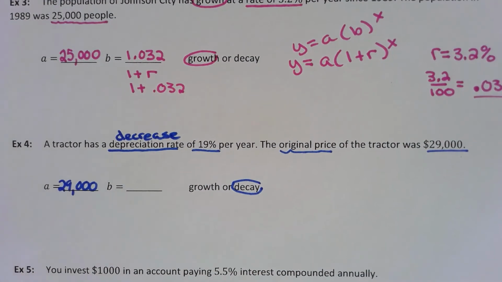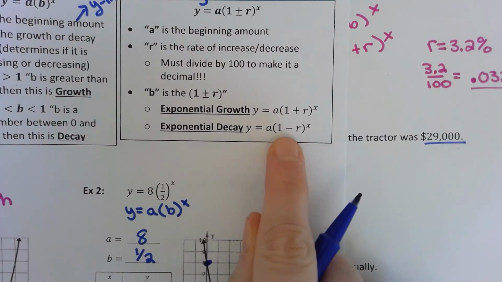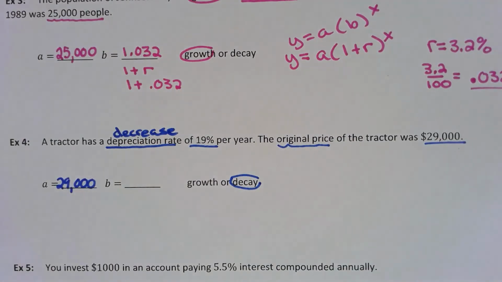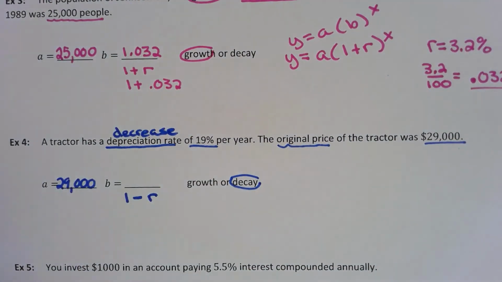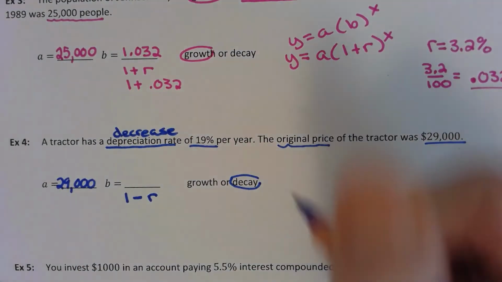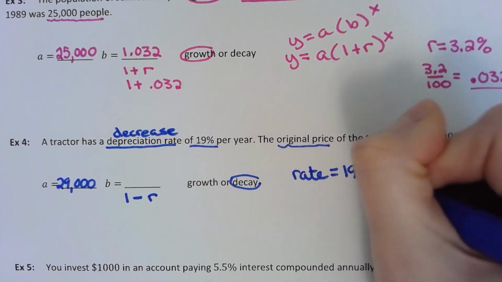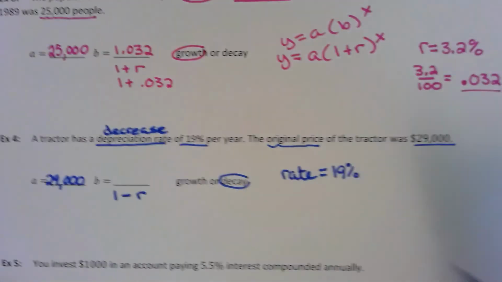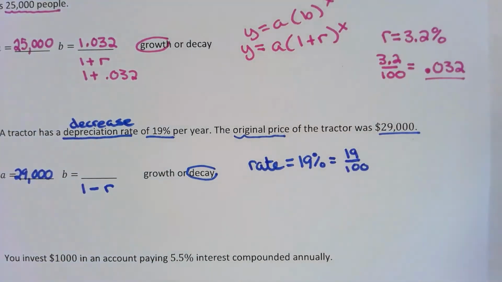And when you are dealing with exponential decay, the b value is 1 minus your r. So the b value is going to be 1 minus r right over here. Okay. Now in the problem, they told us that the rate is equal to 19%, but we cannot use that yet. We've got to take that 19 and divide it by 100 before we do.